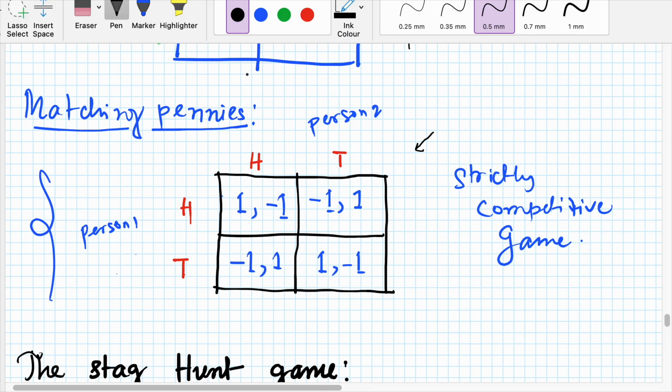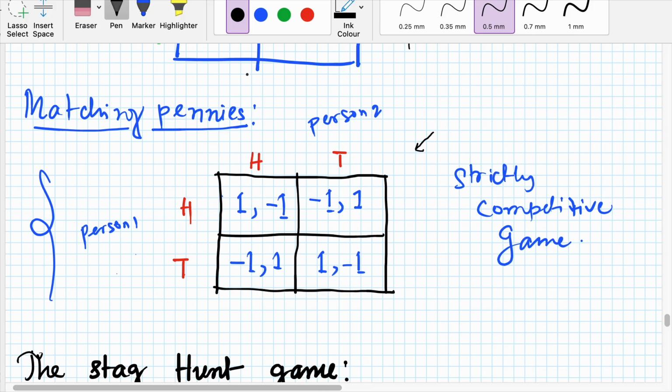It captures a situation where two individuals are presented with some conditions. Both of them have to show one face of a coin, either head or tail.